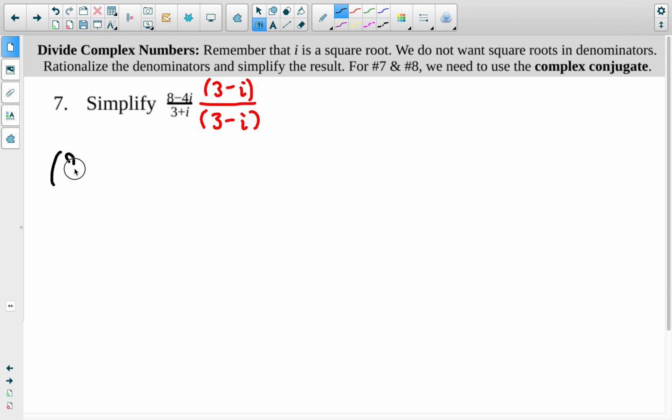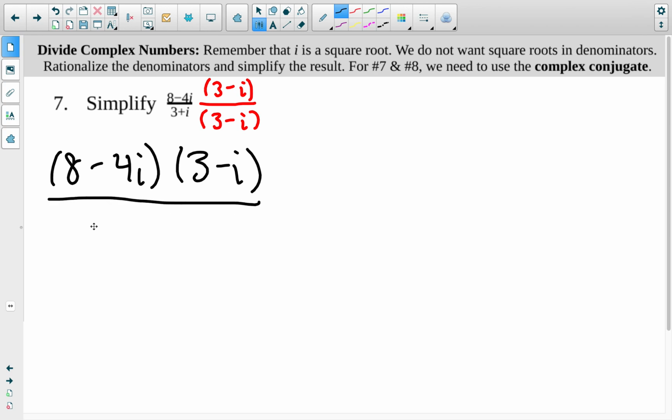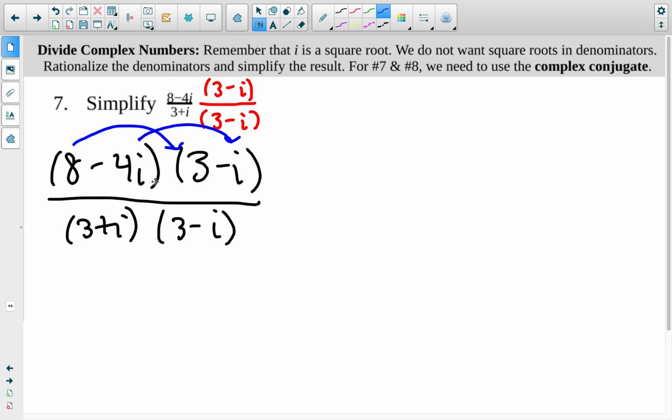So be careful here, right? We're taking 8 minus 4i times 3 minus i, and then we're taking 3 plus i times 3 minus i. So we're using FOIL on both, the numerator and the denominator. So 8 times 3 will give us 24, minus 8i, minus 12i, plus 4i squared.